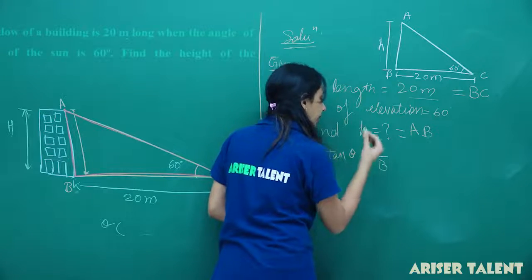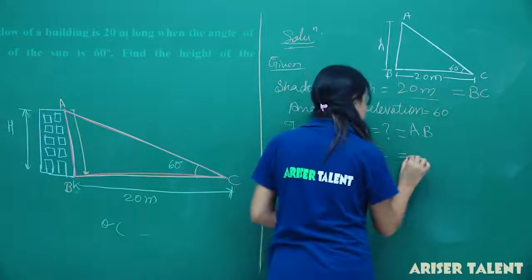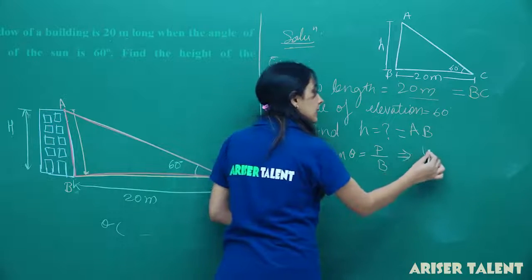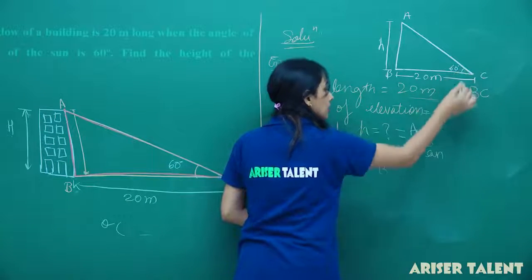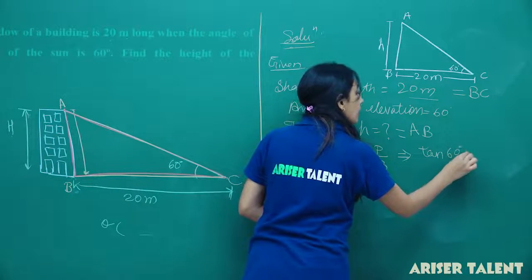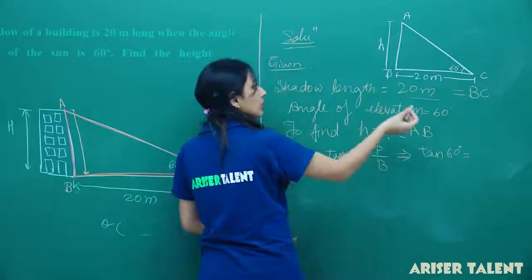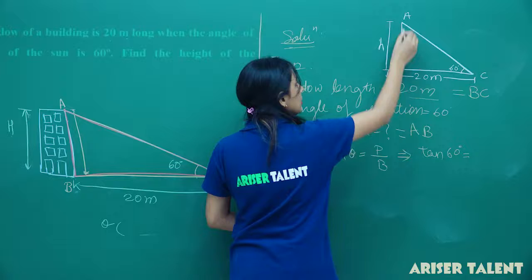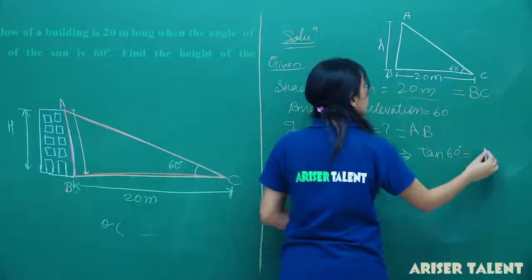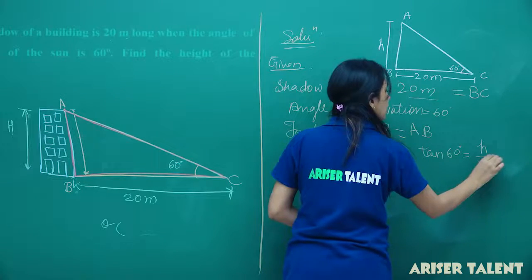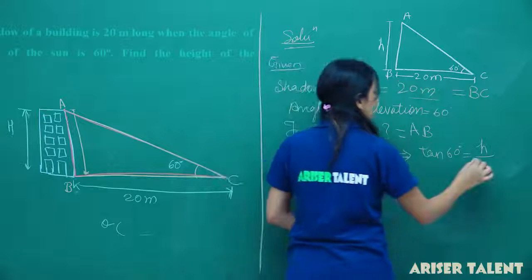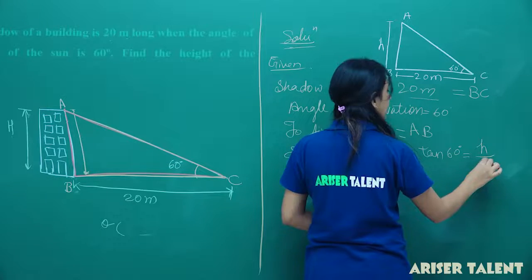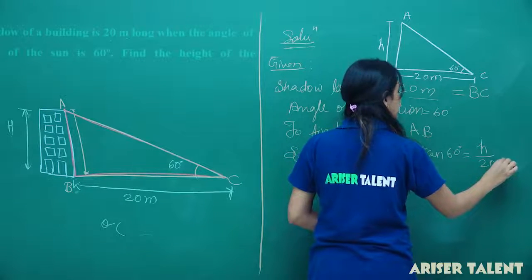P by B. This implies tan 60 degree will be equals to perpendicular. Now what is perpendicular? This is the angle, this is the base and this is the perpendicular. So it will be H upon BC, that will be 20 meter.